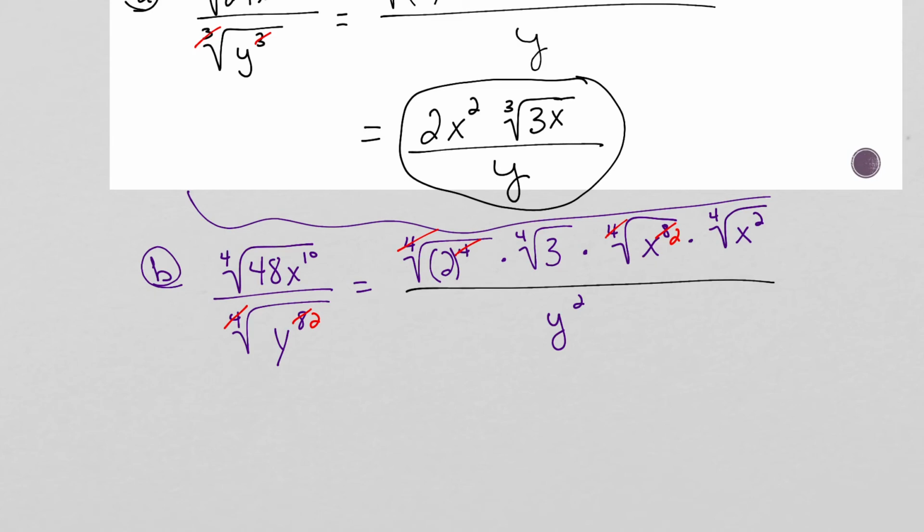Okay, so we've got 2x squared, and then what's under the radical is 3 and then x squared also, okay? All right, and then we've got y squared in the denominator. Now, think about this. Do we need the absolute value bars?